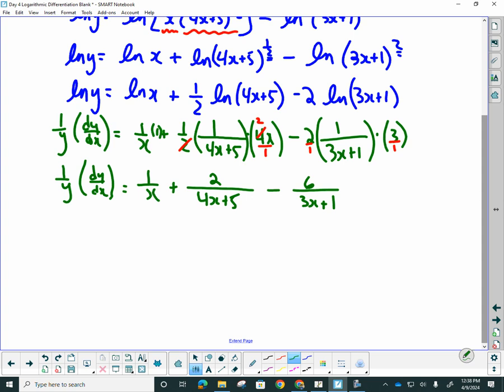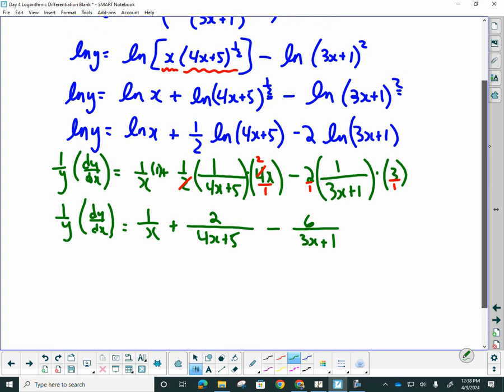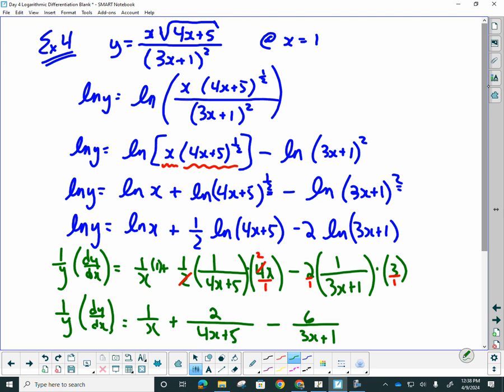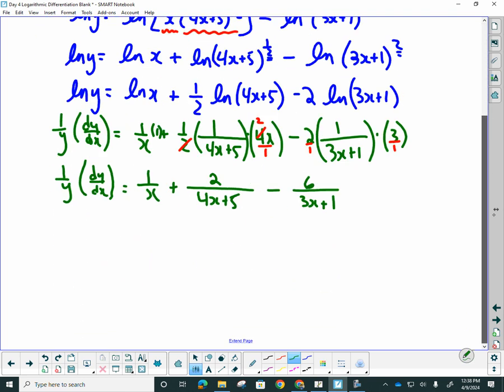And I could try and add these together, but this is where I've changed the question a little bit, and I'm not going to try and find a common denominator with these three things and go any further, because I'm going to substitute in x equals 1. So I'm actually finding the slope at this spot.